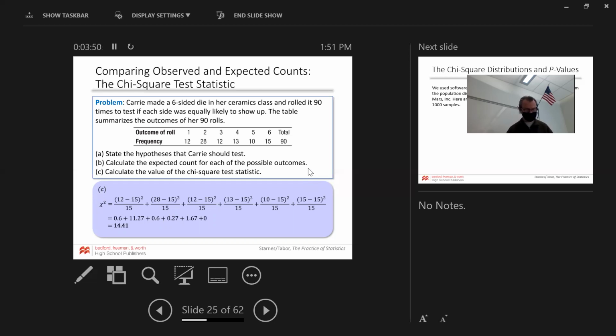The very back is T4. So for the die, there are 5 degrees of freedom. And at 5 degrees of freedom, the critical value is 11.07. We compare what we got to this number.